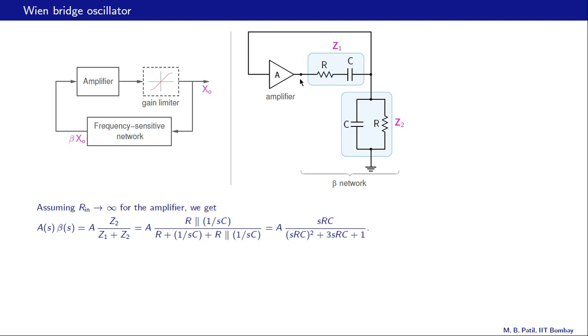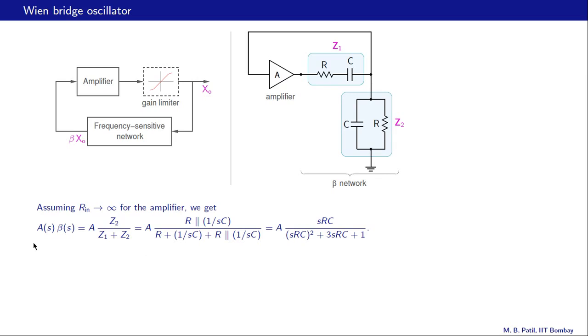What is our XF or VF? The quantity that is getting fed back, that is here. That voltage is getting fed back to the amplifier, and therefore our beta is the ratio of VF and VO, and that by voltage division is Z2 by Z1 plus Z2, like that.